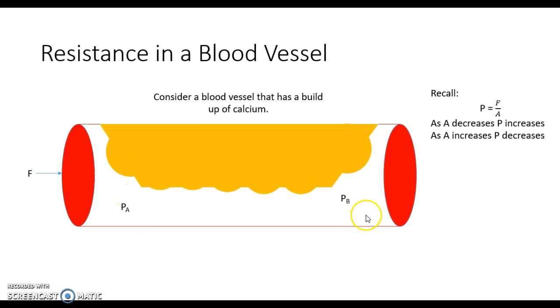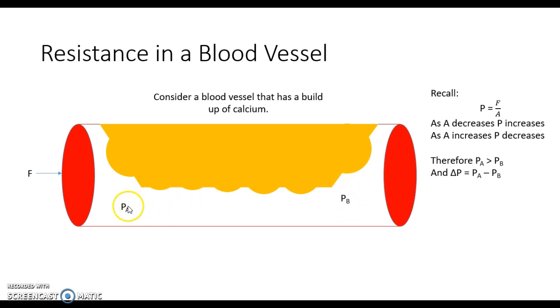And then if we go over on this side, you'll notice that the cross-sectional area starts to become big again as there's less calcification, or less calcium, in this part of the blood vessel. So as the A increases, the pressure over on this side decreases. So the pressure over on this side, PA, is larger than the pressure over on this side, PB.